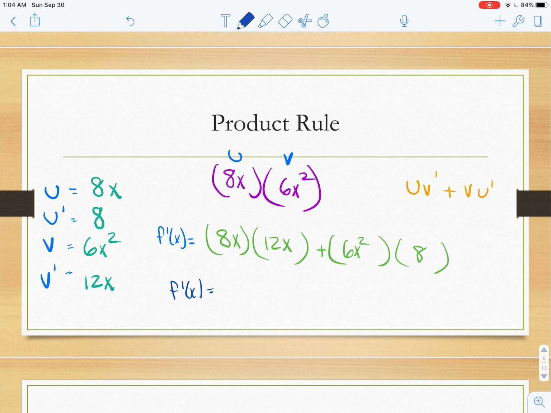Cos 8x, our original v, and then we multiply that, let's put this in parentheses, by our u prime, which is 4. All right, here it is. Here is our derivative. Just write it like that in this form, and you're good.